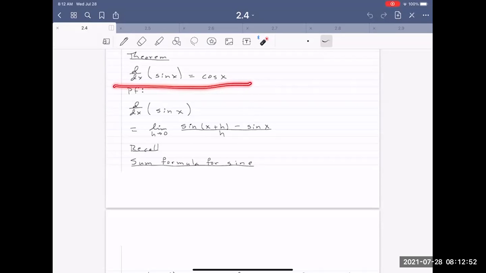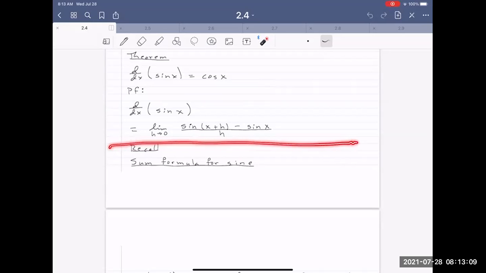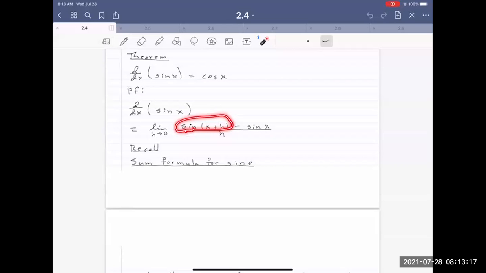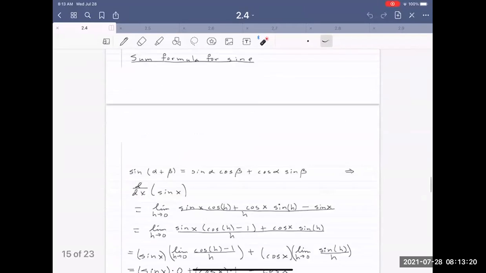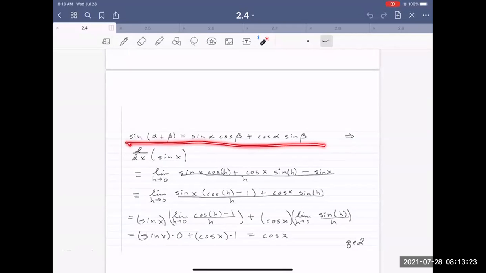The derivative of sine x is cosine x. Let's use the difference quotient definition for the derivative: limit as h approaches 0 of sine of x plus h minus sine x, all divided by h. Let's recall the sum formula for sine: sine of alpha plus beta is sine alpha cosine beta plus cosine alpha sine beta.